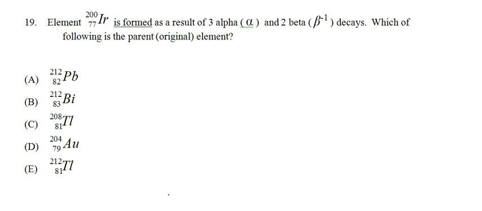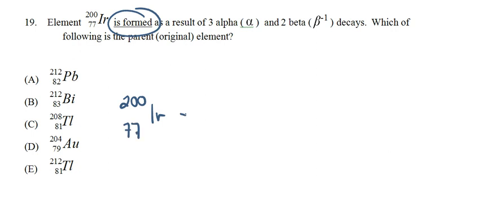All right, number 19. Element iridium 200 is formed as a result of 3 alpha and 2 beta decays. Which of the following is the parent element? So we're actually working backward on it. We have iridium 200, 77.